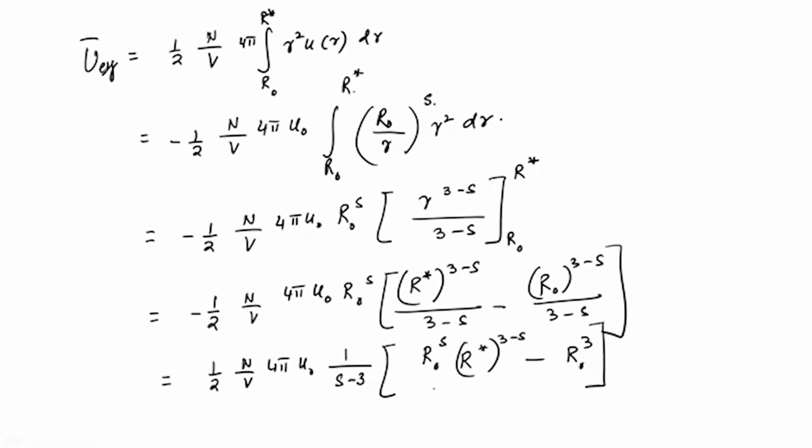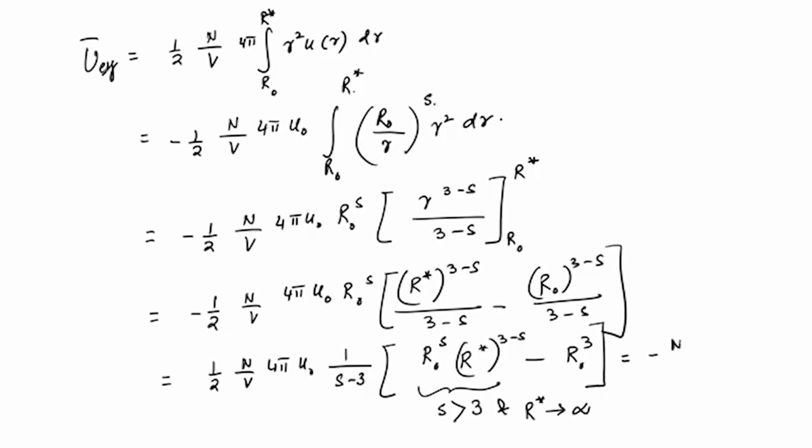So, basically if you take s to be greater than 3, which is what we have assumed right from the beginning, that s is equal to 6, and we take r star to be infinity, then this term drops out and one gets a simpler form.